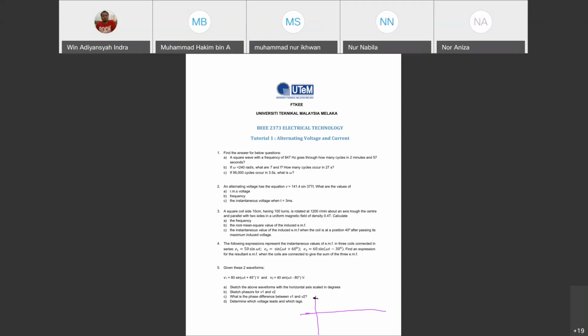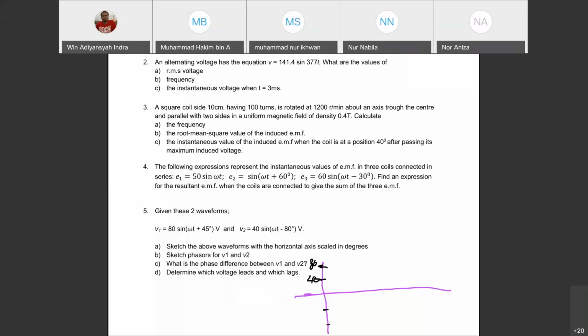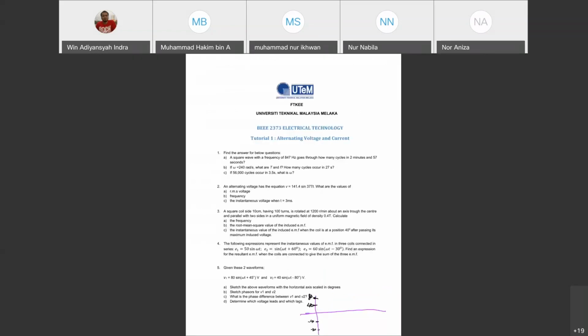For example, this is 80. This is 40. This is minus 80. So for V1, because V1 is plus, V1 is ahead by 45 degree.